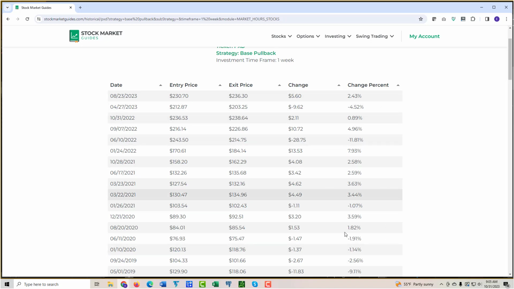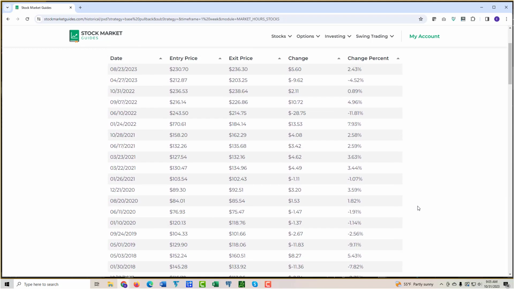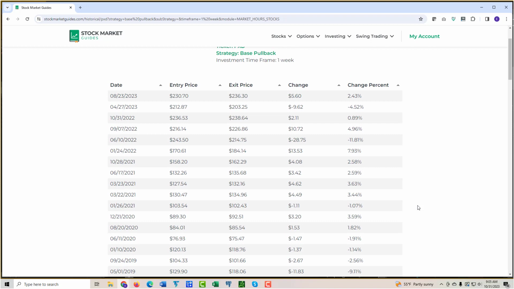And this is what the distribution of outcomes in backtests looks like. So it can be helpful as far as knowing what to expect. Obviously, there's no way to know for sure how any upcoming trade is going to perform. But by looking historically, it might make you better prepared mentally for what the possible outcomes might be.